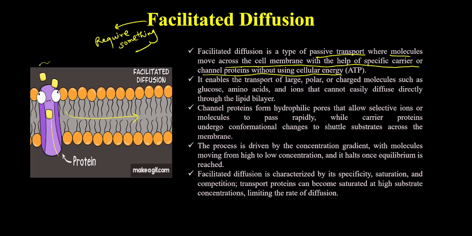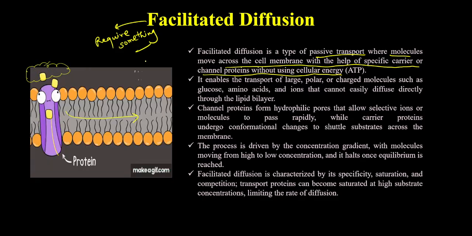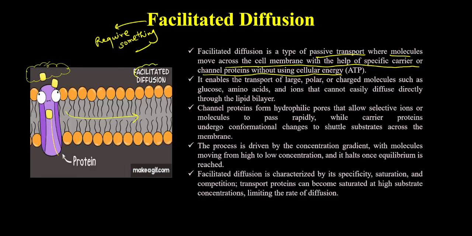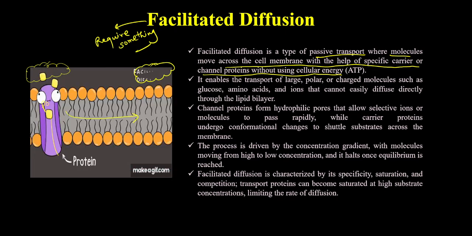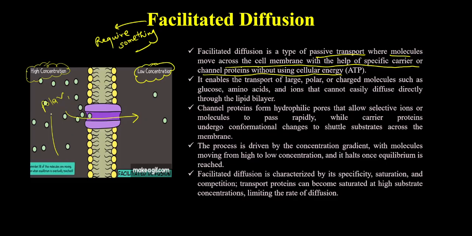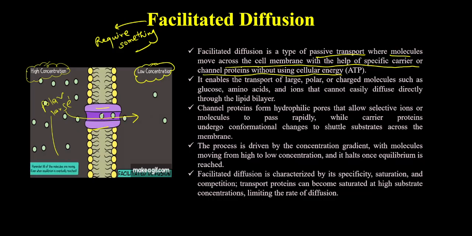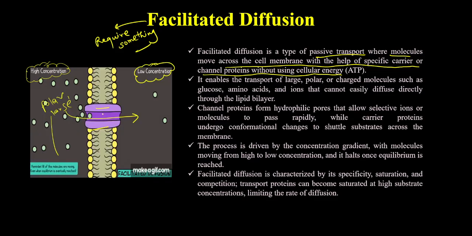In the extracellular matrix, here you can see there is a high concentration of solute, or we can say whatever these molecules are, they have a higher concentration outside the cell as compared to the inside. Okay, so these molecules may be polar or large molecules which require the presence of proteins in the phospholipid bilayer, which will help to cross this membrane.